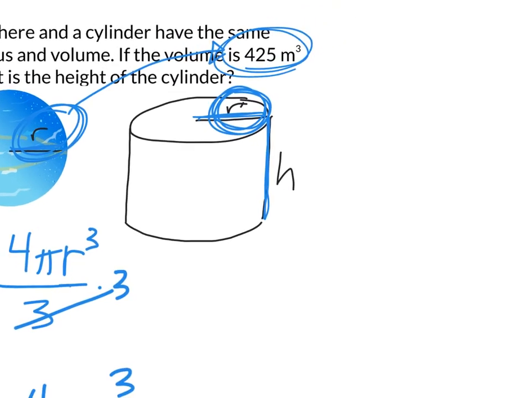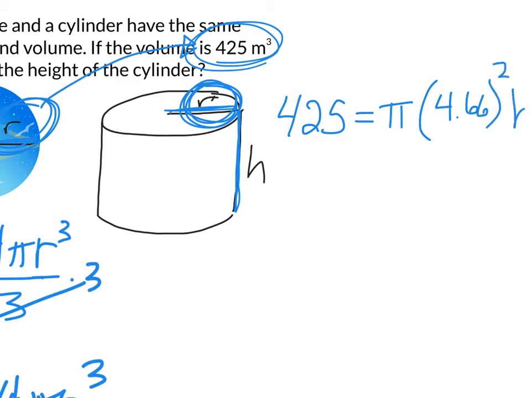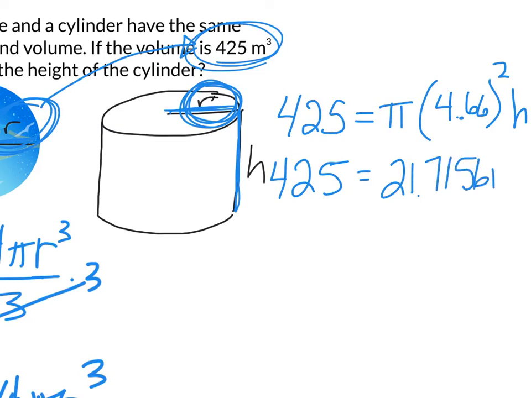And now we come back up here to use the volume for our cylinder. So 425 equals pi times the radius, which we just found, squared times h. So 425 equals 4.66 squared, 21.7156 pi times h.